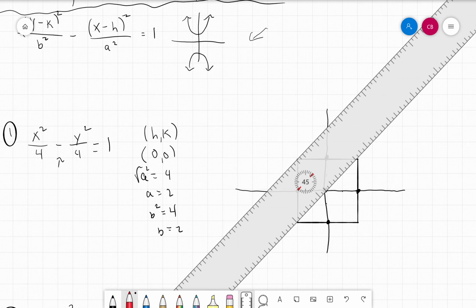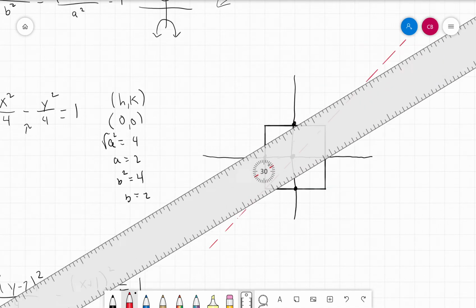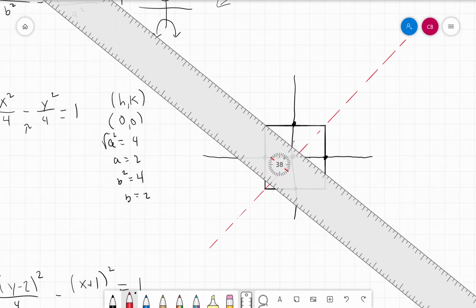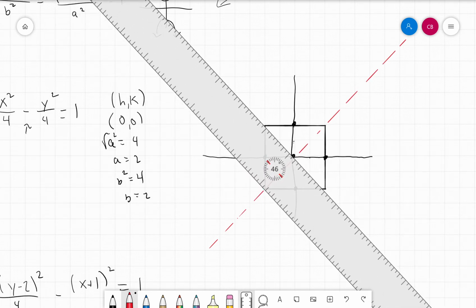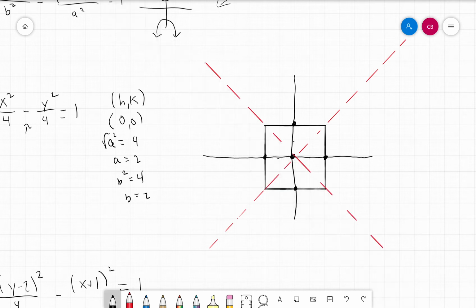And from here we can draw an asymptote. And we can do another one, this time going this way. Okay, we'll just do our best. We've got an asymptote going like this. We no longer need the ruler.